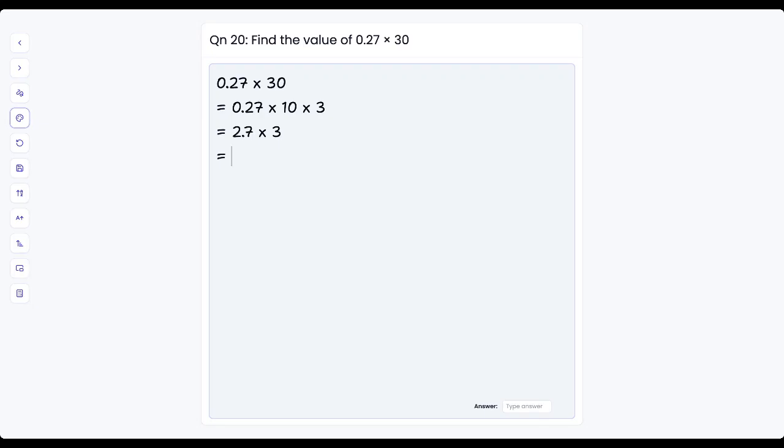Then you can do your workings. I can just put 2.7 plus 2.7, and plus 2.7. So this will be 5.4 plus 2.7, which will become 8.1. There you go. So that's the answer, 8.1. All right, let's move on to the next question.